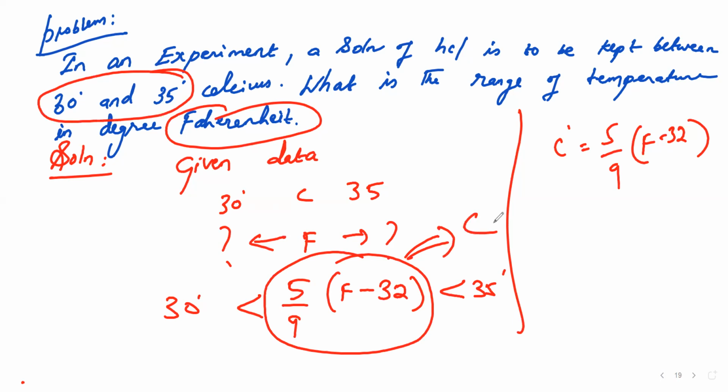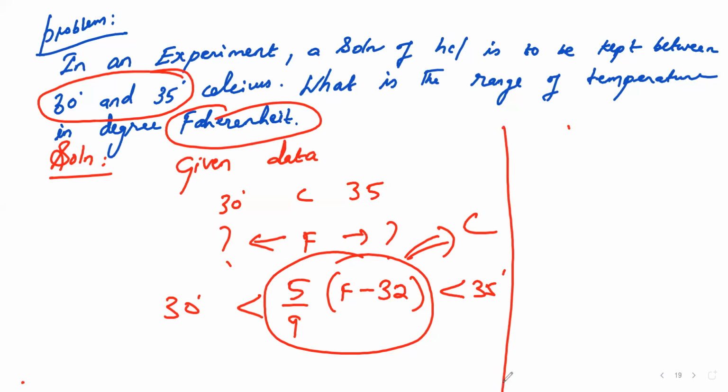Will we solve this question? What we have is 30 less than 5 by 9 (F minus 32) less than 35.